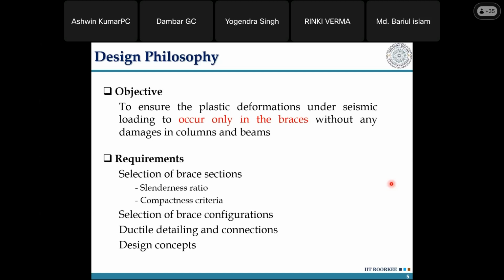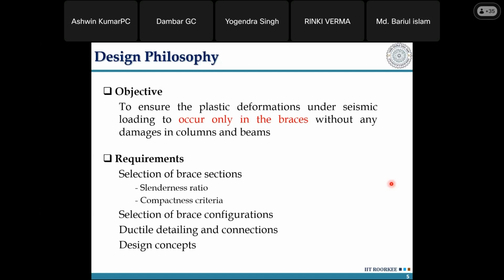Compactness criteria, like last time when we talked about, if you look at Table 2 of IS 18168, for brace elements, it gives you a particular D by T or B by T ratio, such that premature fracture due to local buckling, initiation of local buckling, can be delayed. Last time we discussed that this can be delayed.